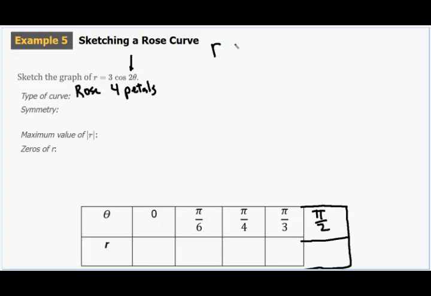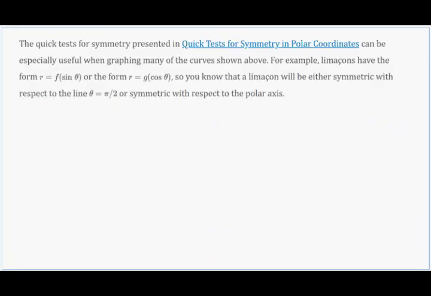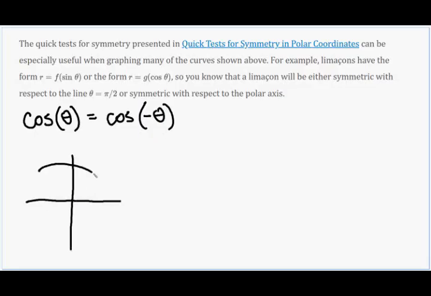Our function r equals 3 cos 2 theta. And let me back up here real quick. I did mention this a long time ago in class, you've probably forgotten. The cos of theta is exactly the same as the cos of negative theta. If we think about the unit circle, let's do pi over 4. At pi over 4, your cos value is root 2 over 2.